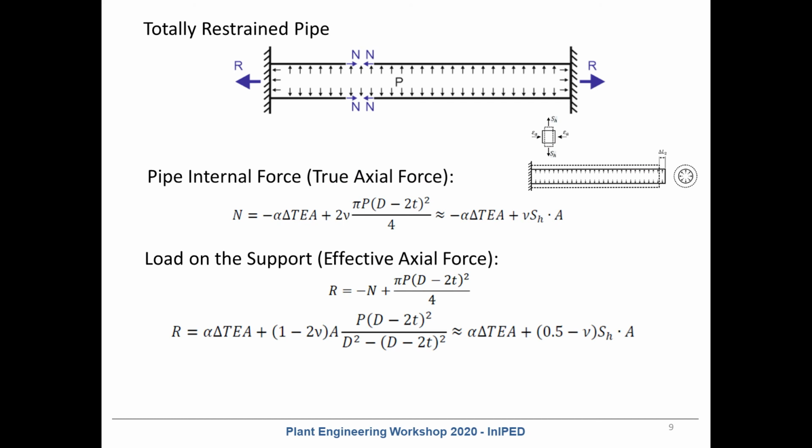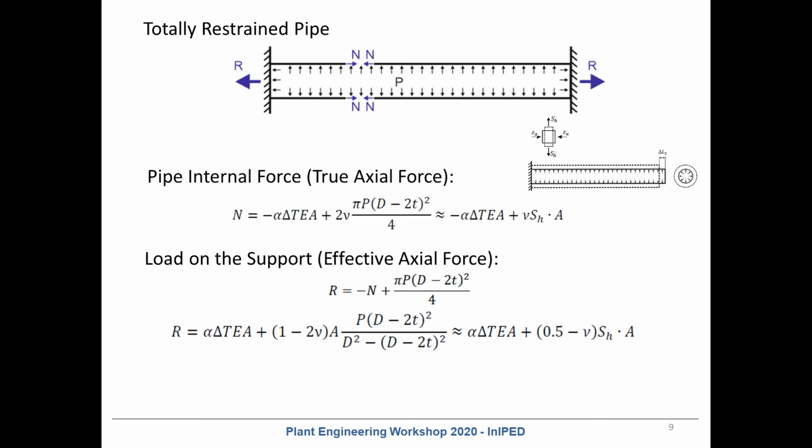Now let's check the totally restrained pipe. It is the pipe that is restrained between two anchors, absolutely rigid anchors. The pipe internal force will be caused only by the pipe shortening effect. So pipe tends to shorten, but the end anchors doesn't allow it to shorten, and the tensile force arise inside the pipe cross section.